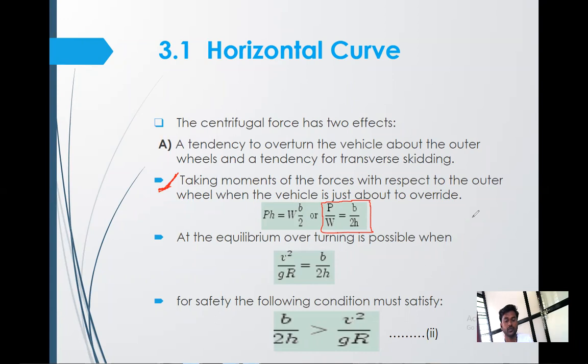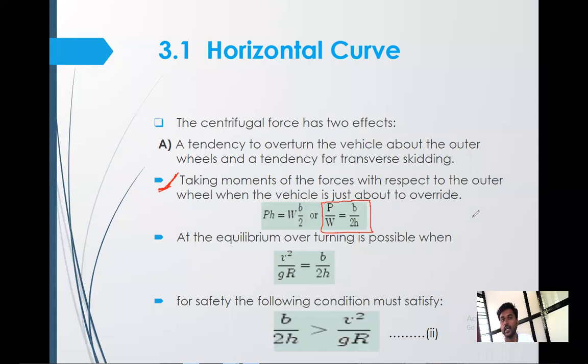B by 2H should be greater than V square upon GR. So this is the safety condition. B by 2H should be greater than V square upon GR.